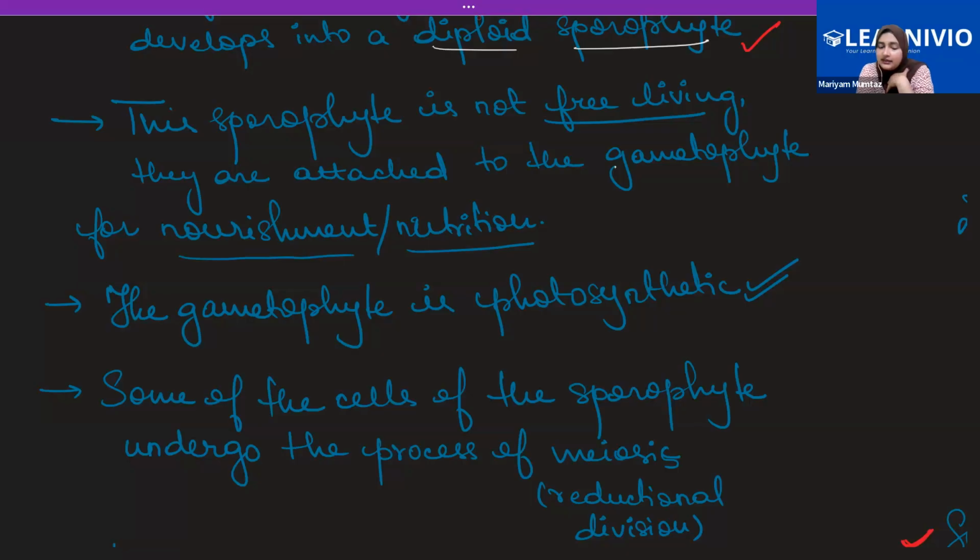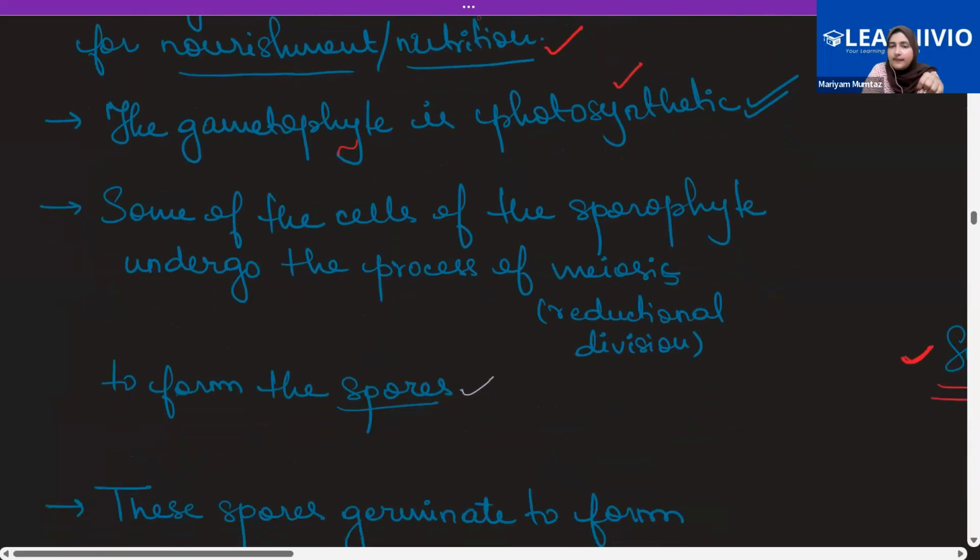So now from the gametophytic plant body, the sporophytic plant body has been made. But like I said, the gametophytes are free living, but the sporophytes are not, right? So the sporophytes are going to be attached to the gametophyte so that they can derive nourishment or nutrition from them. Now the gametophyte plant body is photosynthetic. It will do photosynthesis.